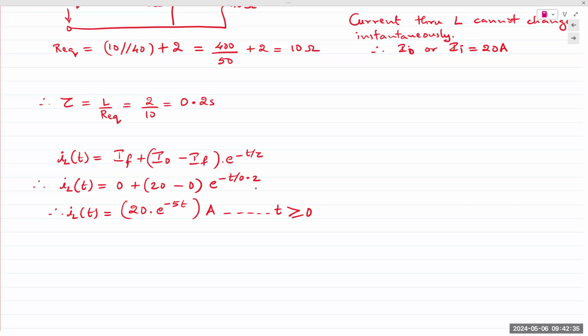And again, going back to that point I made, after 5 time constants, it will lose more than 99% of the stored energy. The value of the current remaining in the inductor will be very, very small. Mathematically, we can plug in t equal to 500 seconds or 1000 seconds or 1 million seconds, and you would expect to obtain a mathematical value for the current. But after a certain point in time, we say it reaches 0.